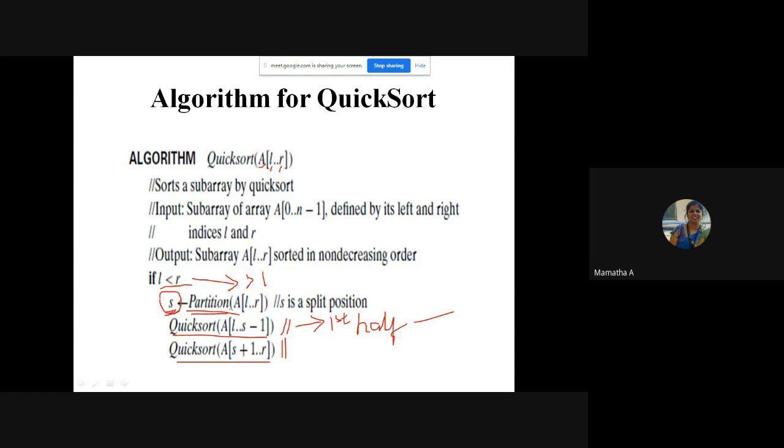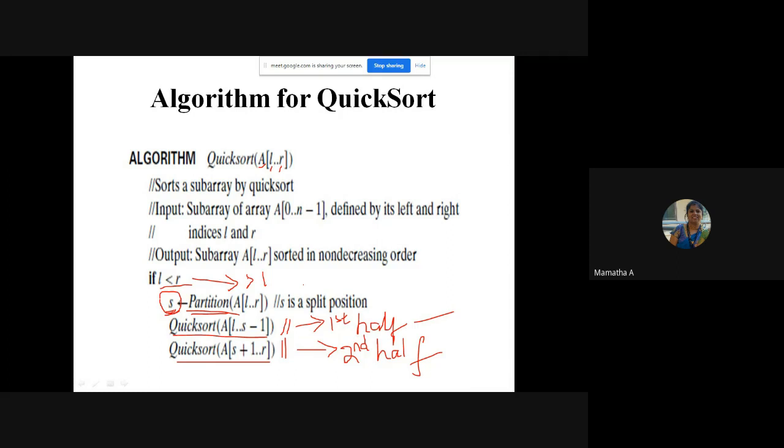We'll see with an example how the same procedure will be applied. And the second recursive call will solve for me the second half, again recursively, wherein the second half contains the elements greater than or equal to the pivot. And you can observe the indices. Since S is the split position, I will pass only L to S minus 1, and here I will pass S plus 1 to R. Isn't it so?